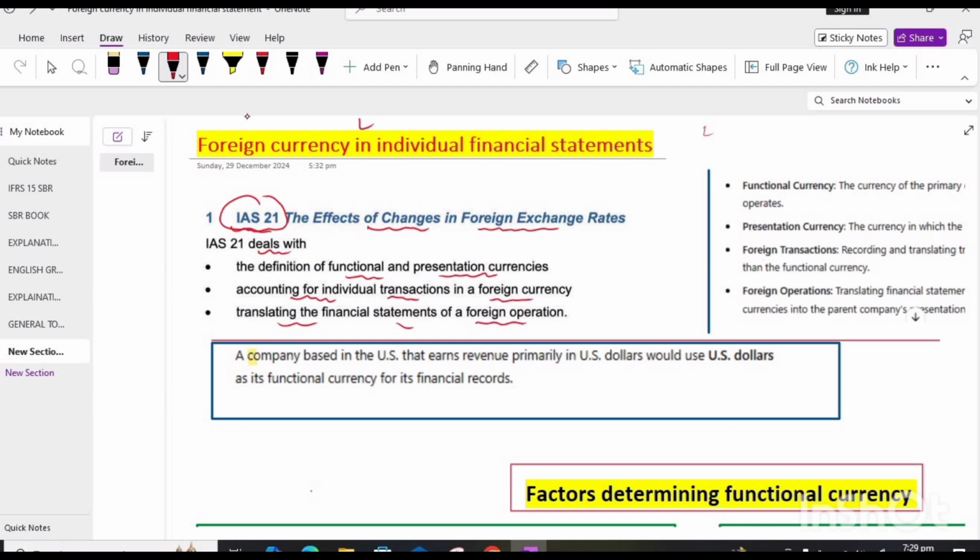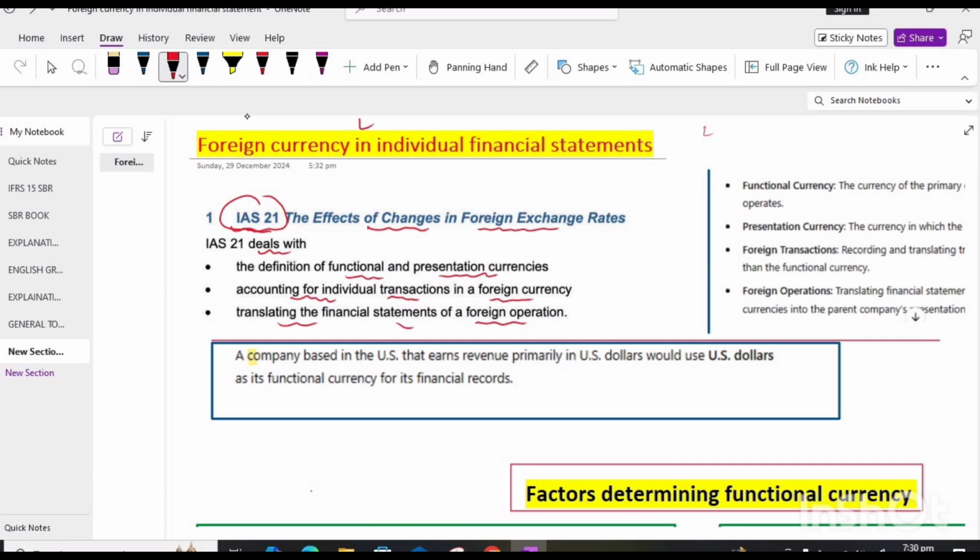So the basic purpose of this standard is to give guidelines for dealing with foreign currency transactions and the translation of the financial statements involving foreign operations. Clear?